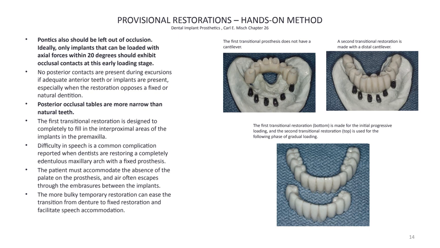So in the initial phase, for the initial temporary, the patient can use the existing denture or partial denture as a temporary restoration. But then the doctor can ask us to do a set of temporaries as a fixed prosthesis. And that is very beneficial from different points of view.